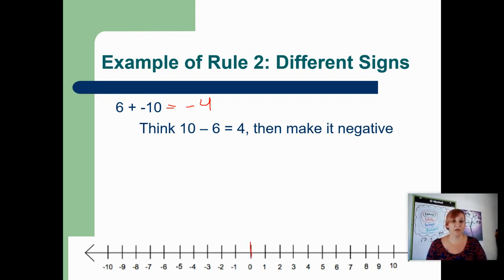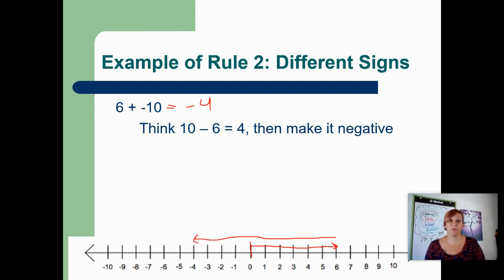Let's take a look at what that looks like on a number line. So again, if I'm starting at 0, this problem says to go 6 to the right, which is all the way over here. But then from there, I'm going to go to the left 10. So I'm going to kind of backtrack. I'm going to go backwards over all of these positives. And since 10 is bigger than 6, I'm going to keep going into the land of the negatives.